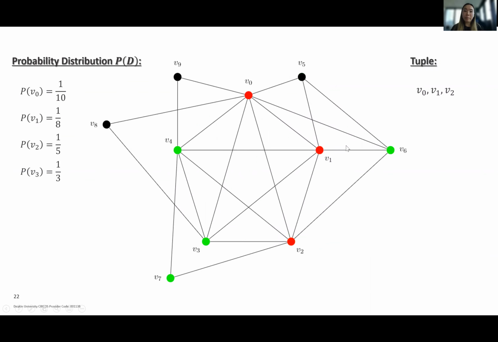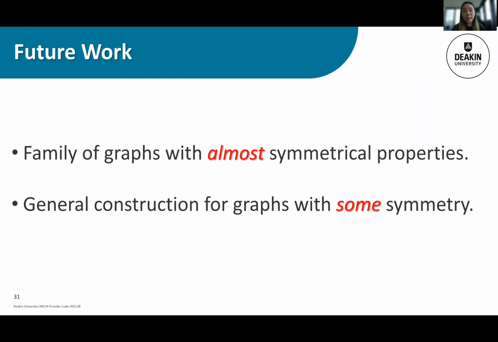Maybe I'll bring up that, almost symmetrical, or with some symmetry. Maybe similar graphs, but with one or two edges missing, that type of graphs. I don't think of anything off the top of my head at the moment.